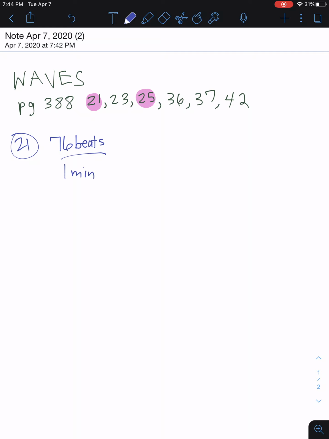Now frequency is like something happening per second. So we'll go ahead and say 76. So frequency is from your little formula there, a certain number per time.